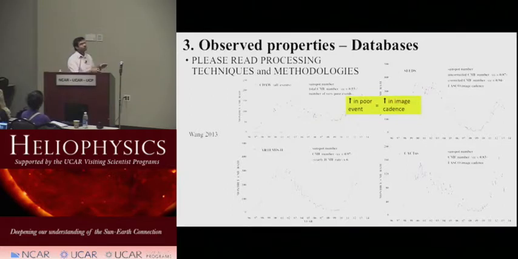Once you've removed all these poor events, things stabilize and you get something more like what we're thinking: once you've removed the poor events, the CME rate has actually decreased in this solar cycle.